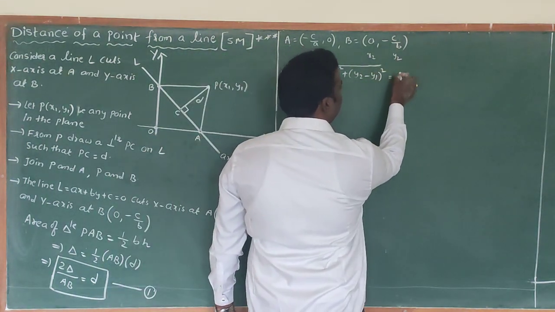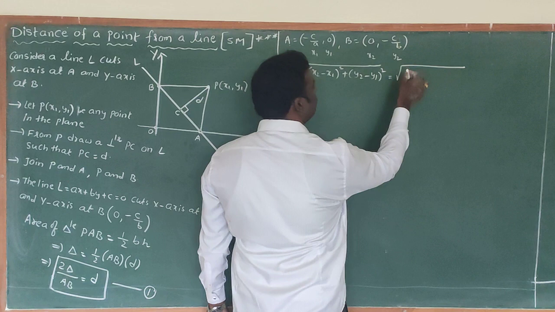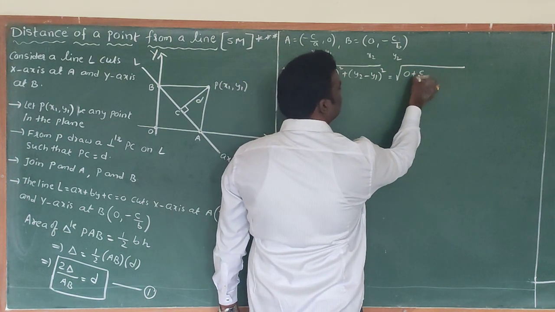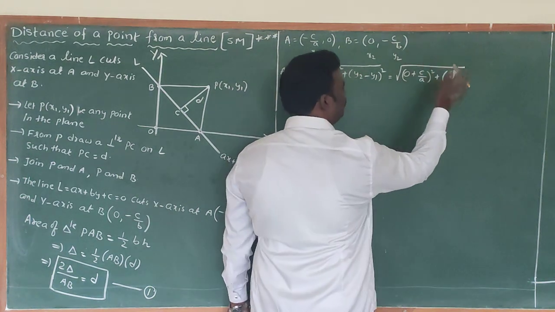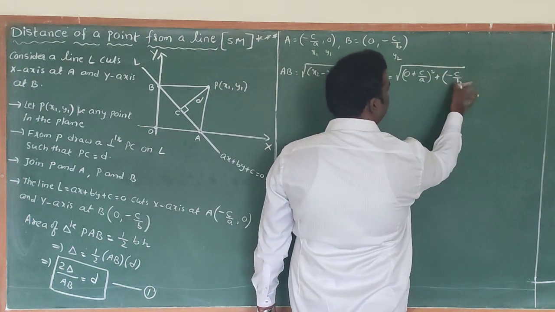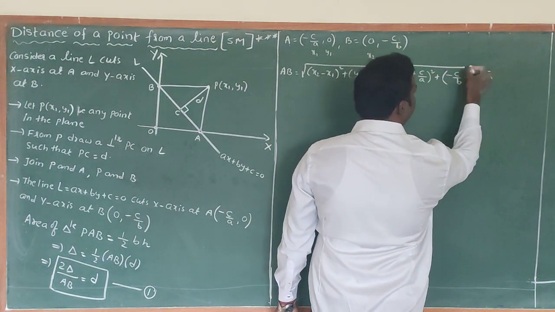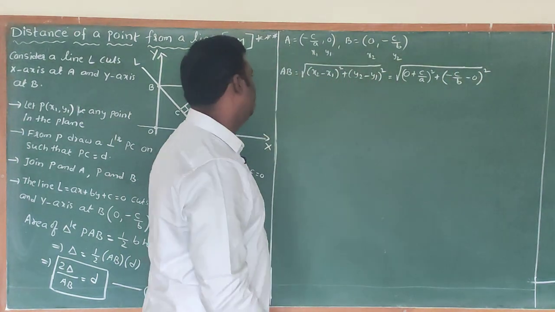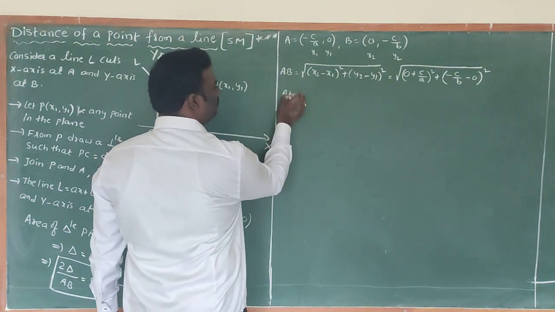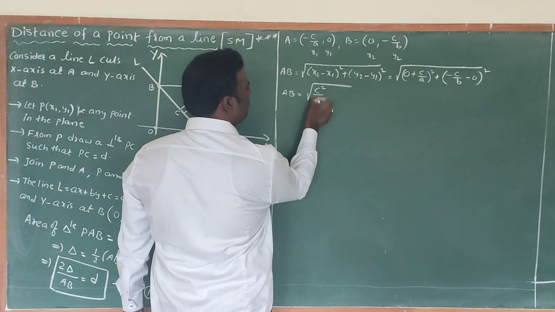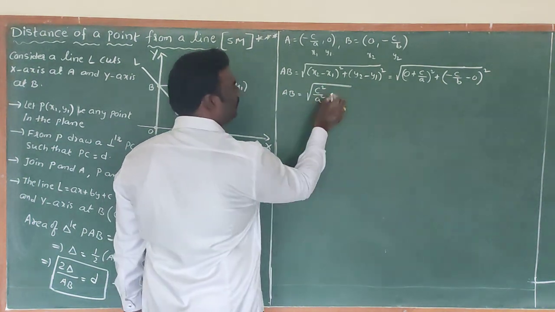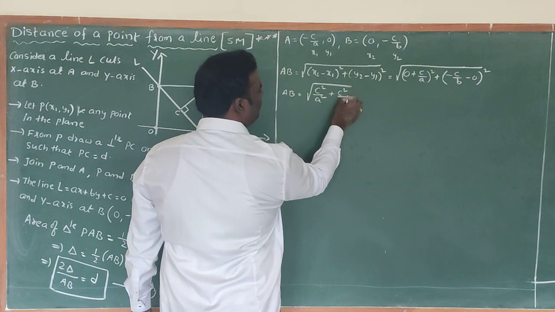That equals to under root of 0 minus of minus plus C by A whole square, plus minus C by B minus 0 whole square. Now AB is equal to under root of C square by A square plus C square by B square.